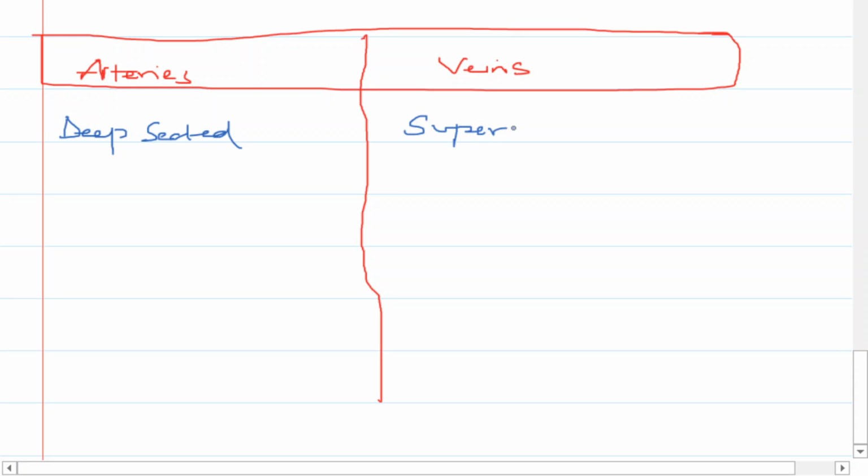That means they are close to the surface. Okay? So that's the first and foremost difference. Now, the wall of the artery is a bit thicker and more elastic, as opposed to this, which is a bit thinner and a bit more rigid.